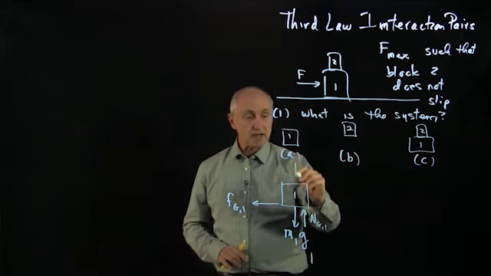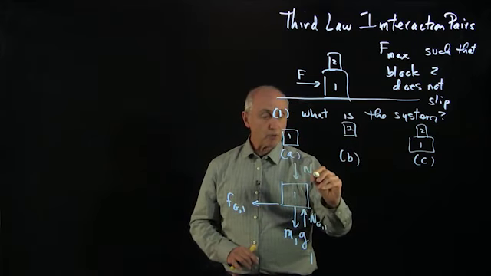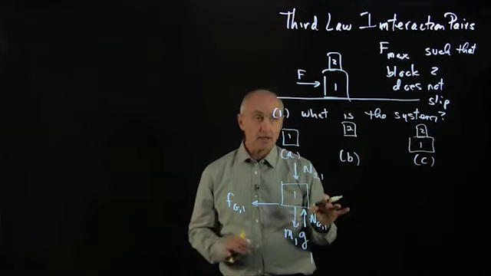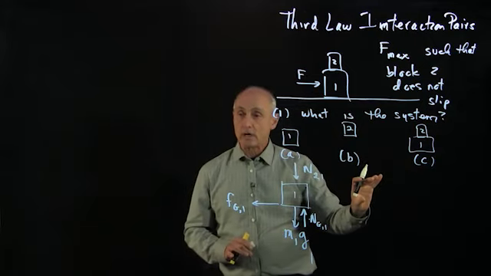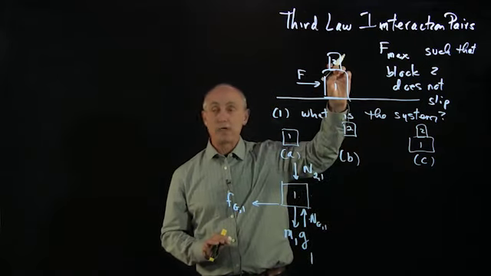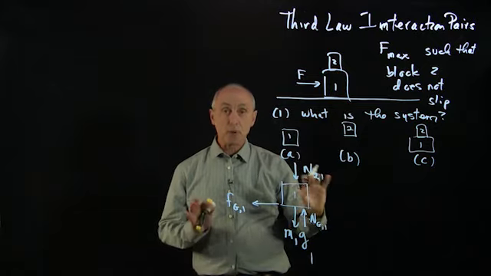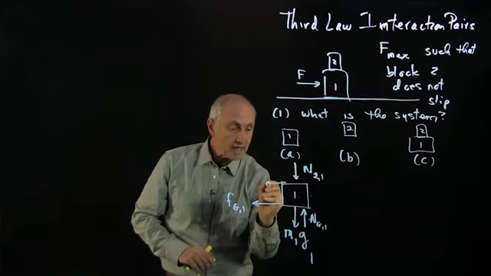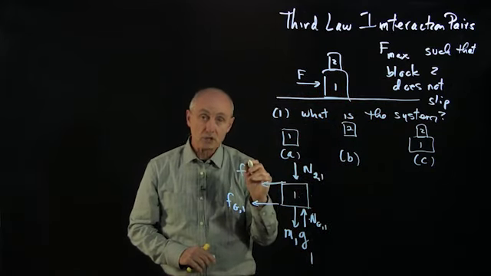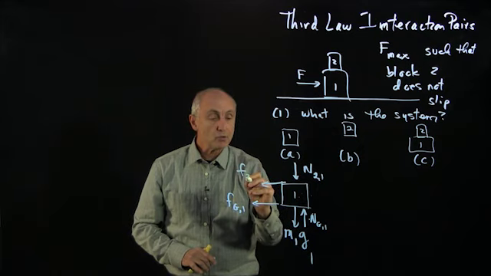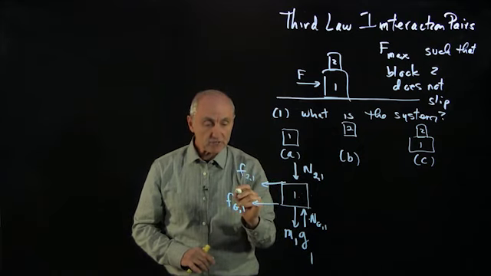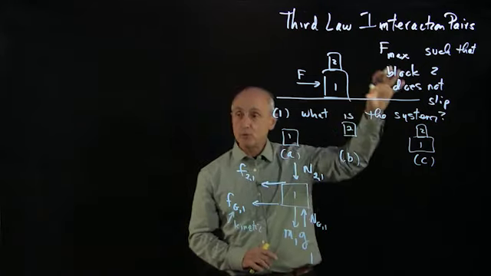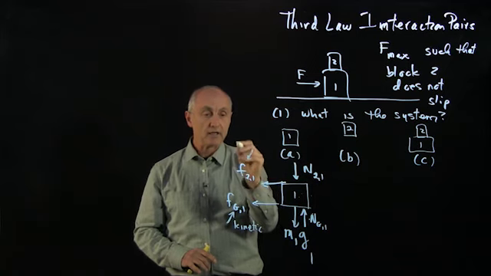Block 2 is sitting on block 1, so there's a normal force of block 2 on block 1. And finally, as you push block 1, there's a friction force between block 2 and block 1 that's opposing the fact that block 1 is being pushed forward. So we have a friction force here between blocks 2 and 1. Now this friction down here is kinetic, but if the blocks are moving together, this friction here is static.